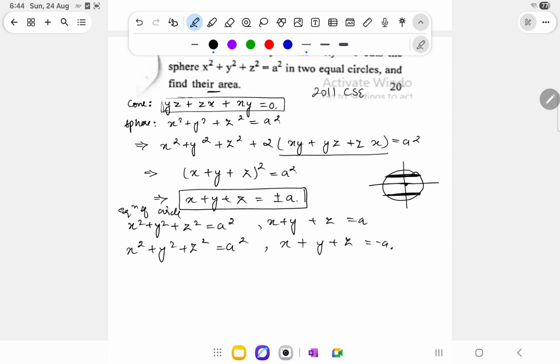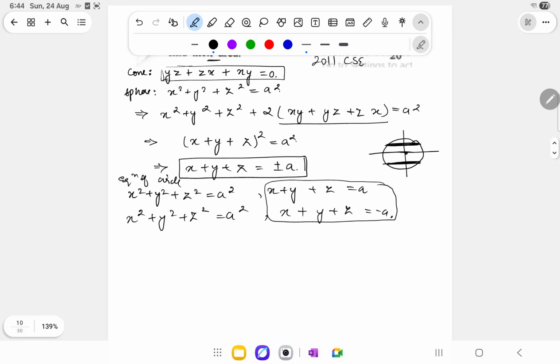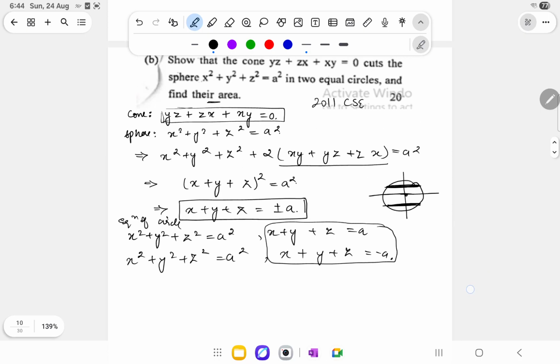That is evident because the two planes are parallel to each other, and the distance from the origin is the same, one in the positive direction and the other in the negative direction. Further in the question, they have asked us to find the area.